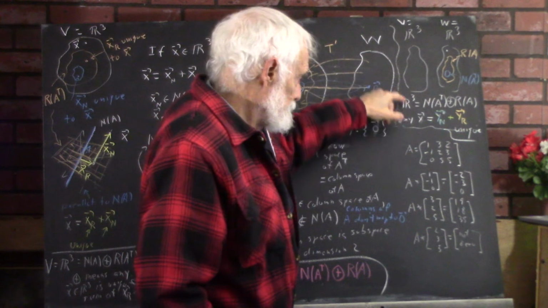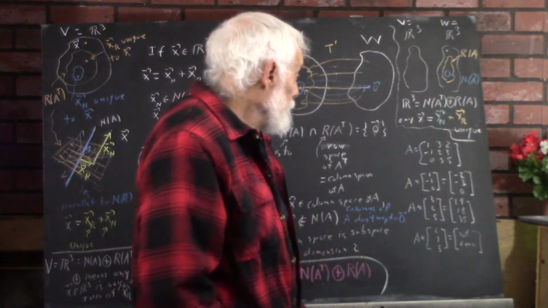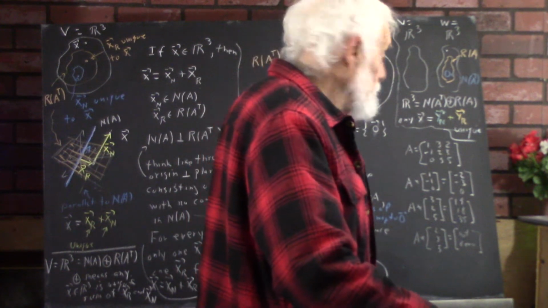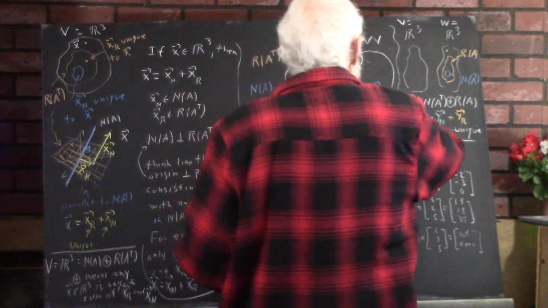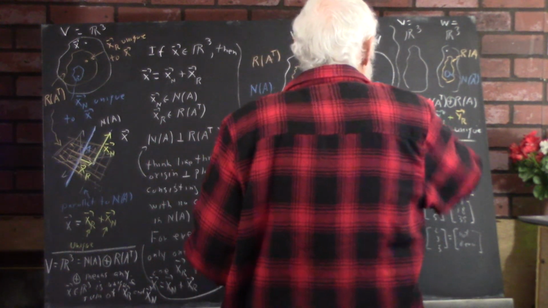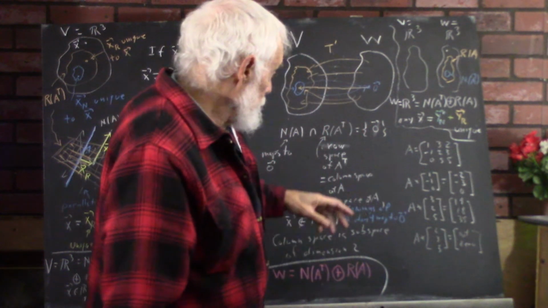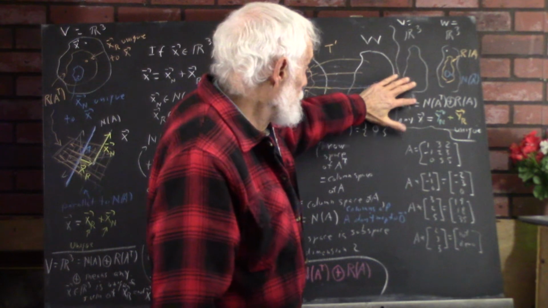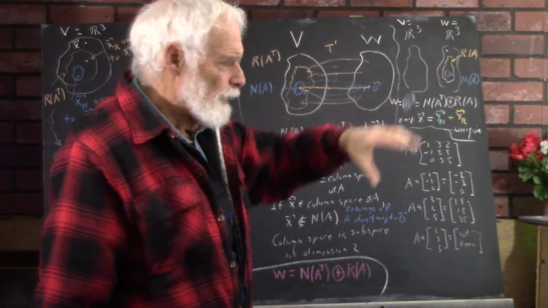And essentially what I've written out here, that W, I shouldn't be writing R3 there, I should be more specific, but W is an R3 space. It's not exactly equal to R3.